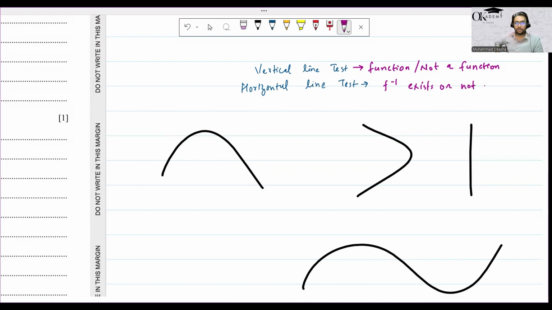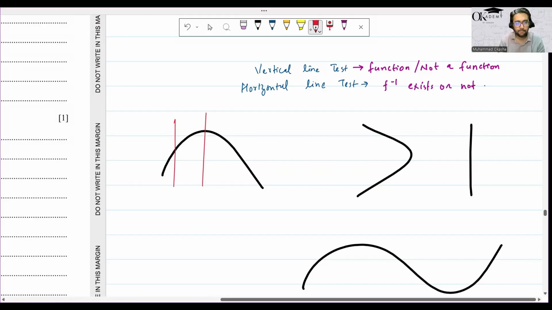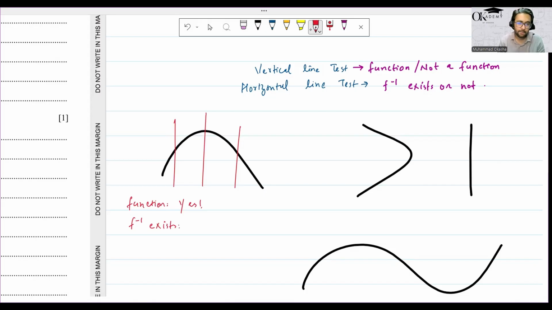All right, so let's use this on a bunch of functions over here. If I were to do the vertical line test on it, it crosses the function only once. So it is a function. The answer is yes, f inverse exists.